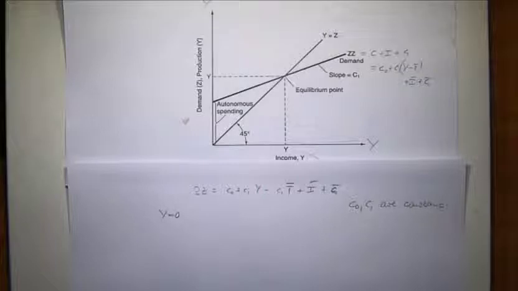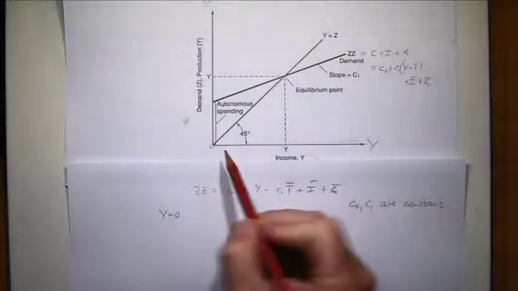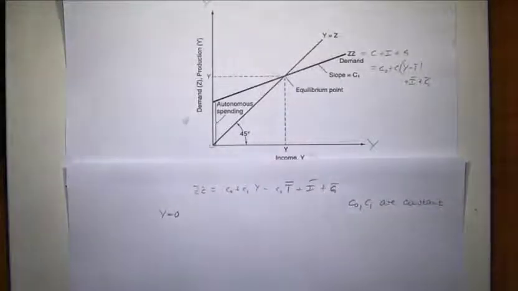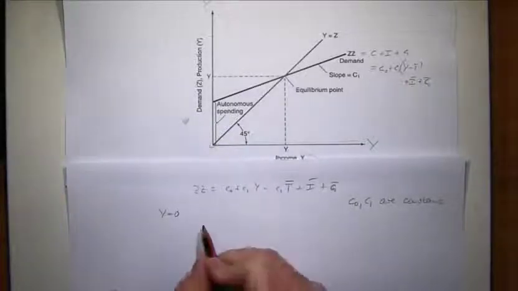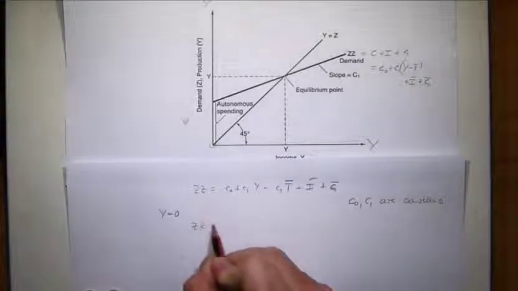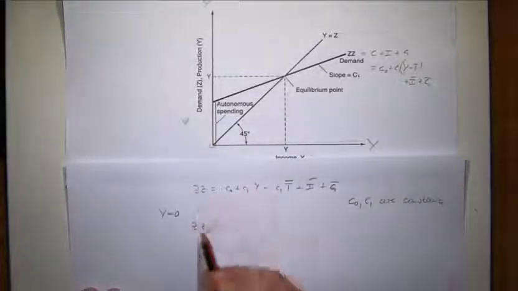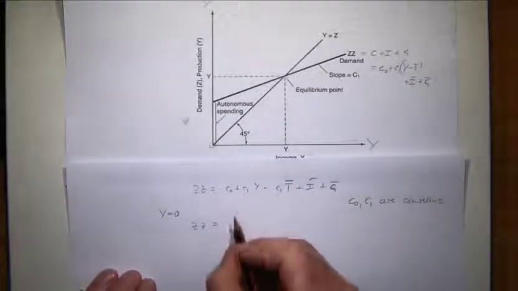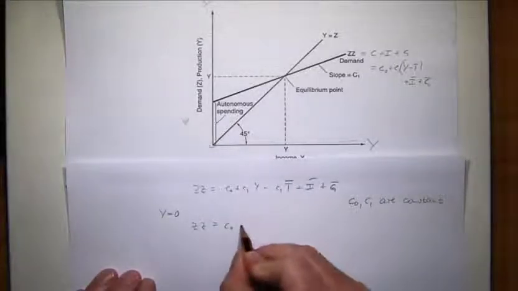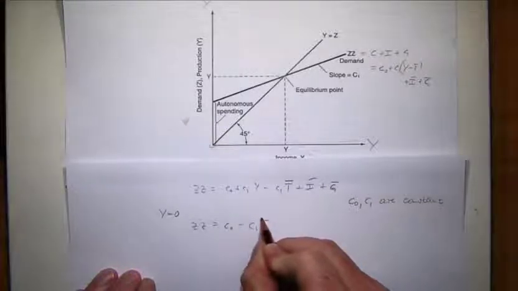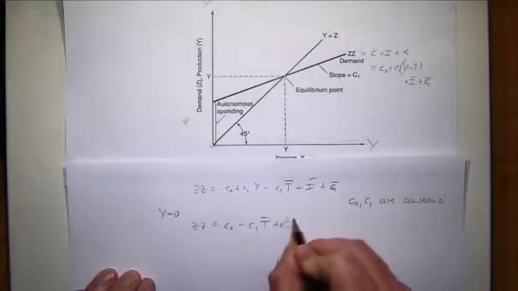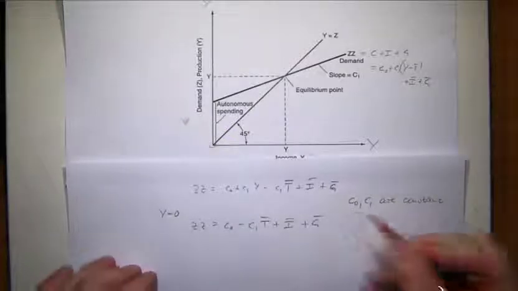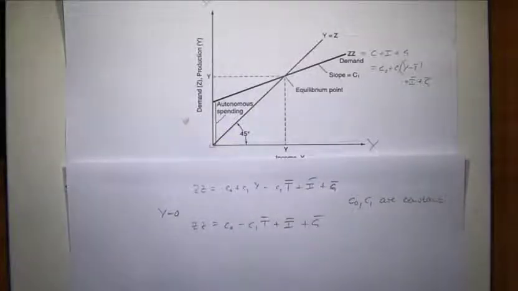So let's look at this case where output y is equal to 0. If output is equal to 0, what do we have? In this case, the Z, sometimes called ZZ, it's the same thing, is given as follows, because I assume that y is equal to 0.